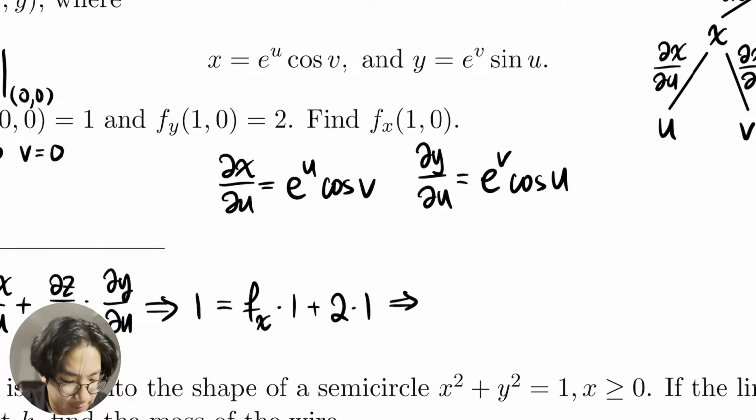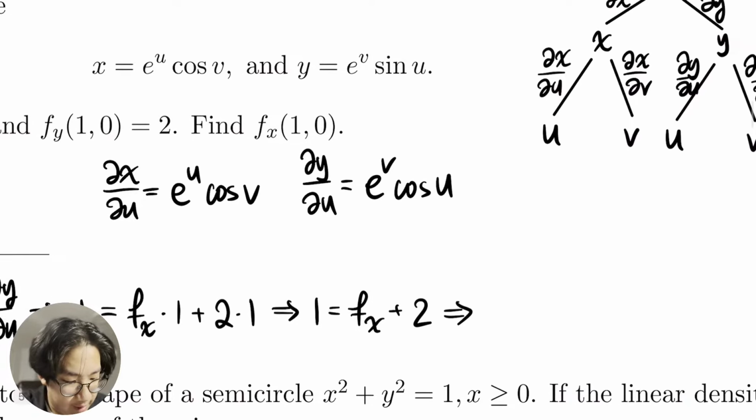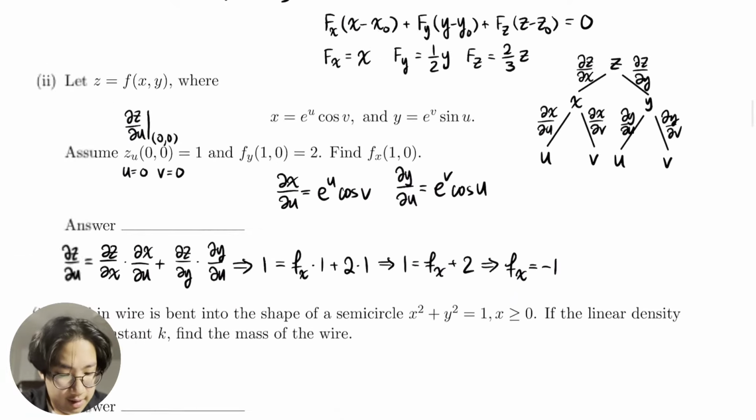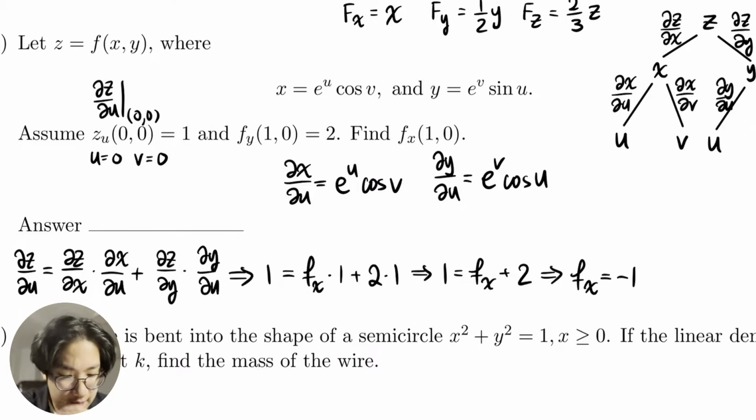And just to clean things up so it's super clear, we effectively have 1 is equal to f sub x plus 2. Meaning we can isolate for f sub x and say that f sub x is equal to negative 1. And of course this is f sub x evaluated at 1, comma 0, because if u and v are equal to 0, we can see that this is equal to 1 and this is equal to 1, meaning x, comma y is equal to exactly that.